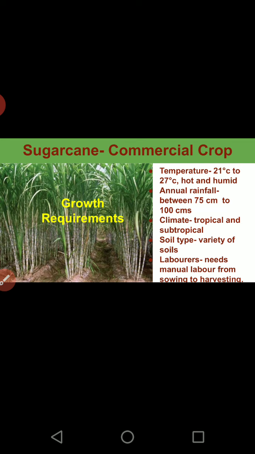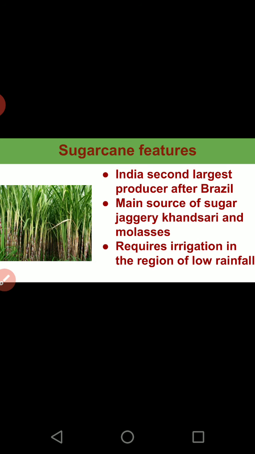And this is a special feature of it. Another special feature: India is the second largest producer after Brazil for sugarcane. It is the main source of sugar, jaggery, that is gud, khansari, that means the khadi shakkar, molasses, it means again the khadi shakkar but the cubes, the pieces.